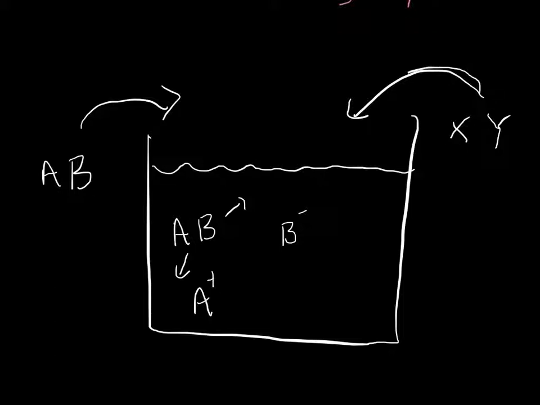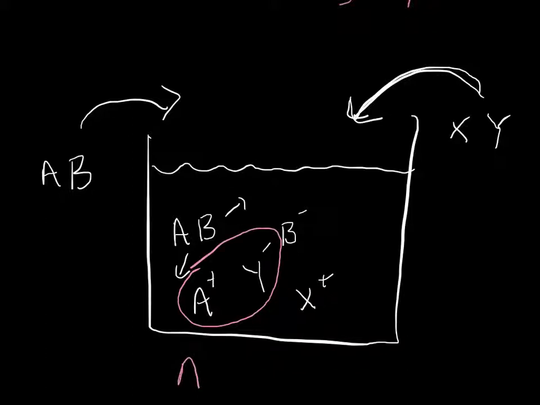And when I add in my XY, if that's soluble, then those are going to break apart as well. And I'll have my little X cations floating around, and I'll have my little Y anions floating around. Now the new compounds we're proposing to make would be A and Y joining up and forming the compound AY, and I'm having my B and X come together to form the compound XB.